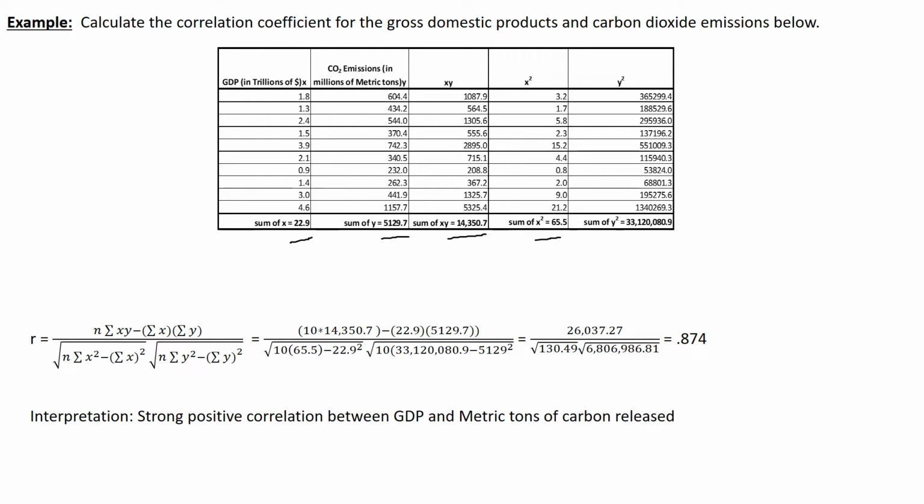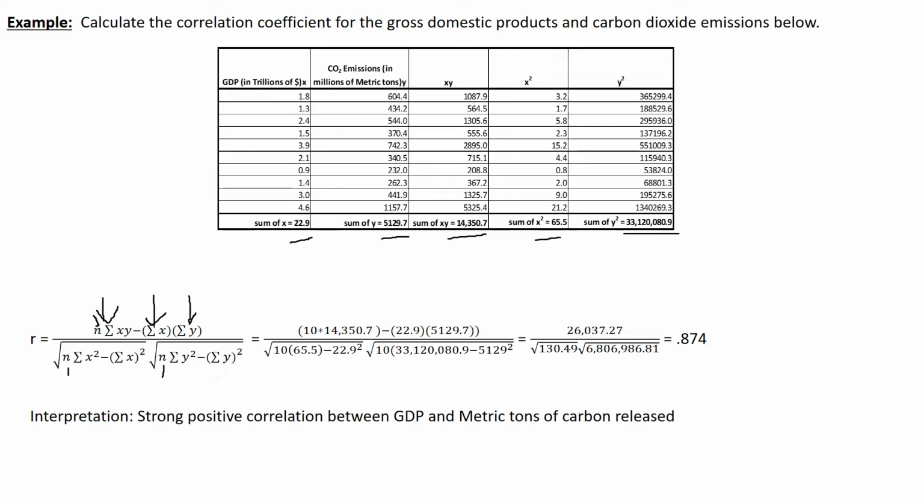Finally, I squared my CO2 emissions. 604.4 squared is 365,299.4. Then I summed all those individual y squares up, because that's what these formulas are for. As you can see, here's my sum of xy, here's my sum of x, here's my sum of y, this is n, the number of samples here, here's n again, and here's n again.